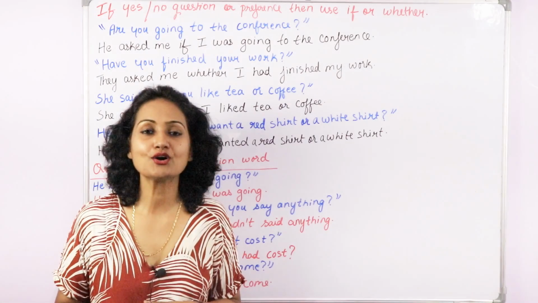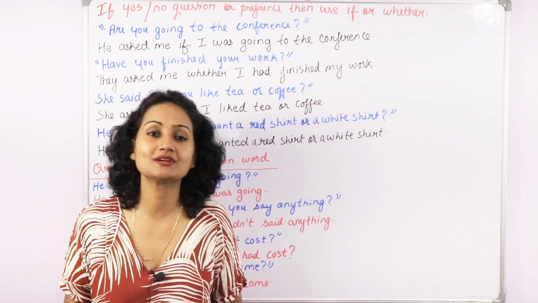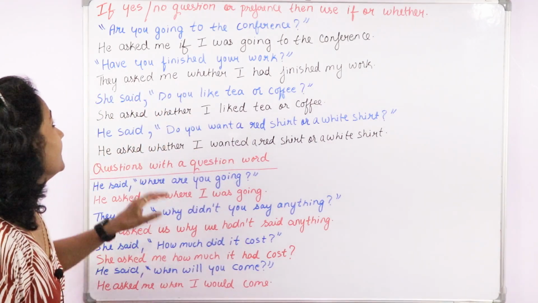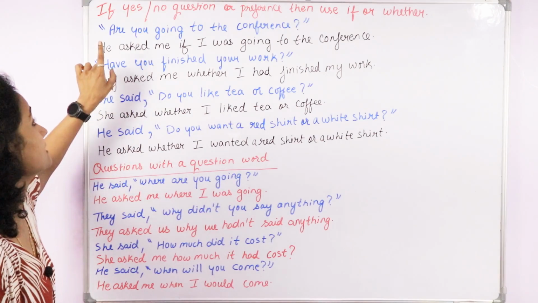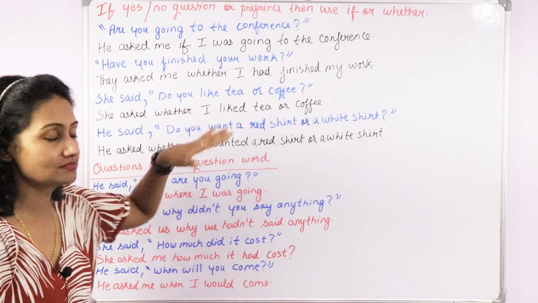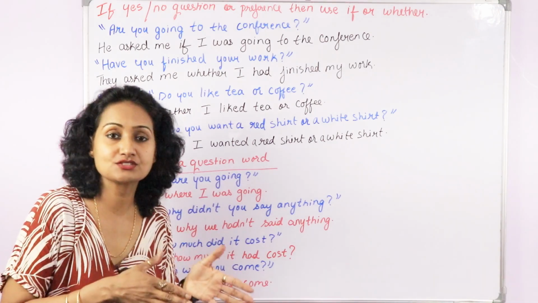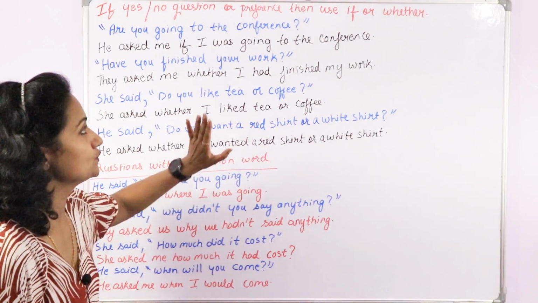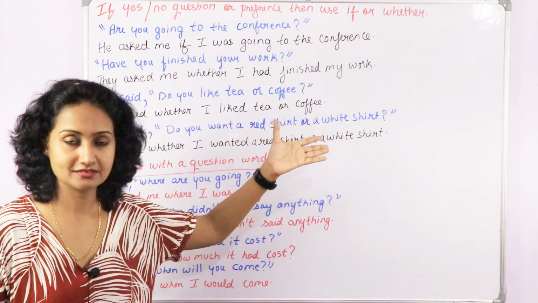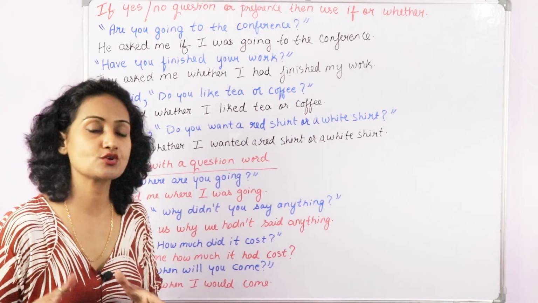Now let's see how to report a question that somebody asked. First rule is that if there is a yes and no question, a question where the answer is either yes or no, then we use if or whether as a connecting word in place of that.